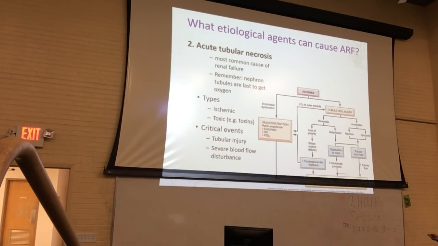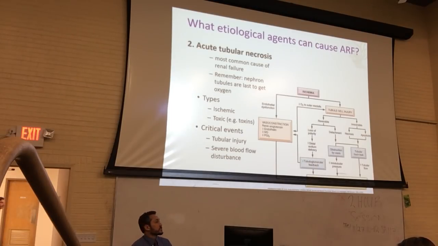So if we look at the flow chart, right? Here we've got reduced GFR at the bottom, or oliguria, a reduction in urine production, and the acute tubular necrosis up at the top. This is when the kidney tubules themselves are starved of oxygen because of blood flow reduction.